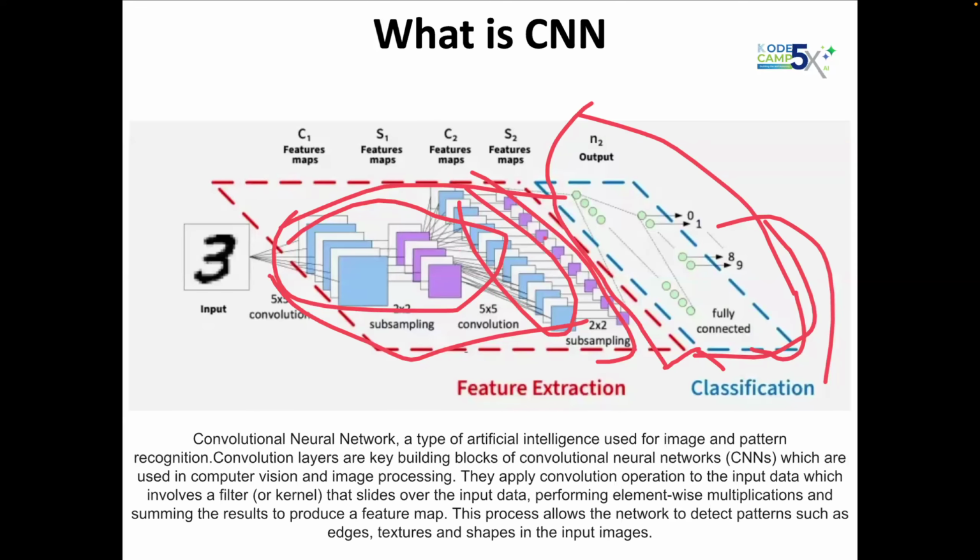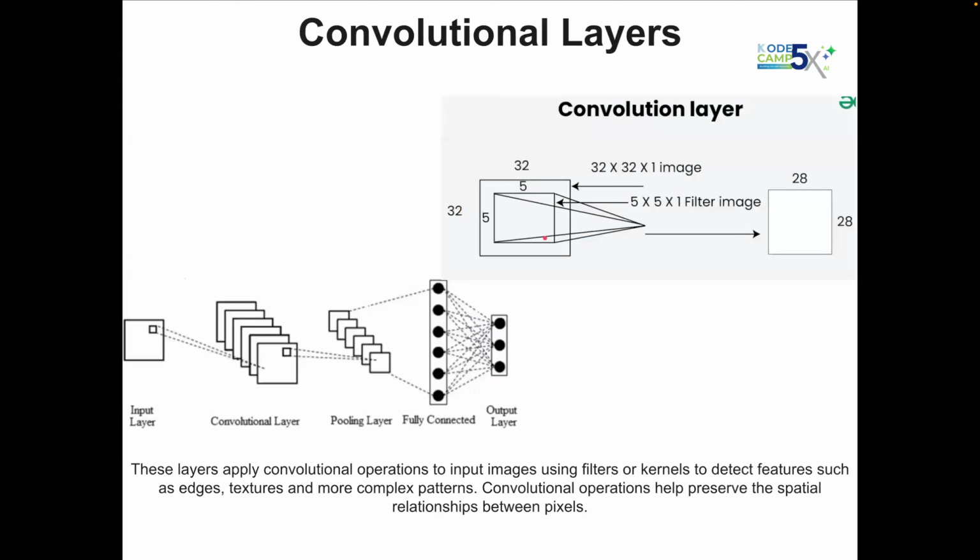So these layers apply the convolution operation to the input image using filters, or kernels, to detect features such as edges, texture, and more complex patterns. The convolutional layer is where we do edge detection, feature extraction, max pooling, whatever they want to do happens here.